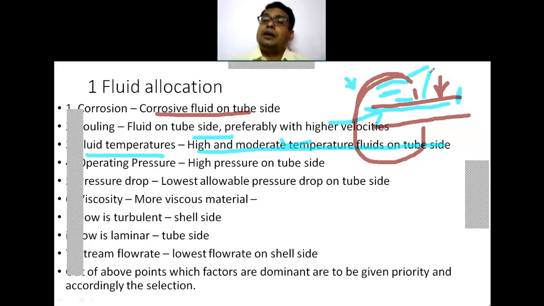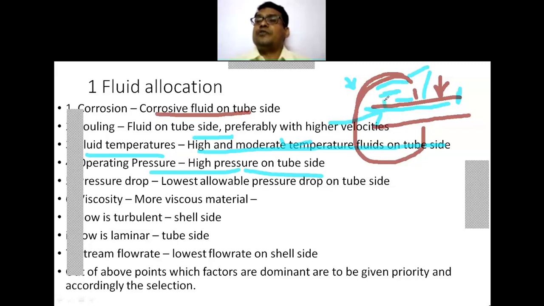Both will be of higher thickness if the operating pressure is on the shell side.